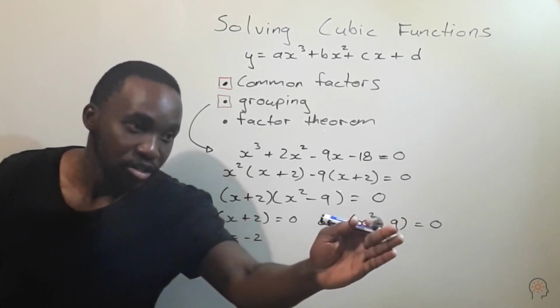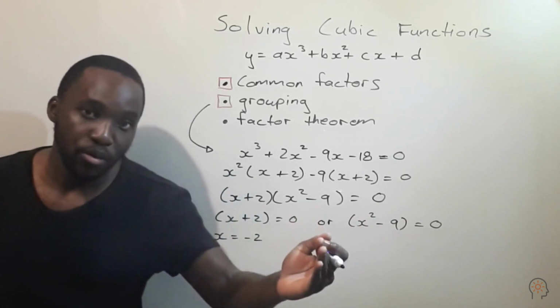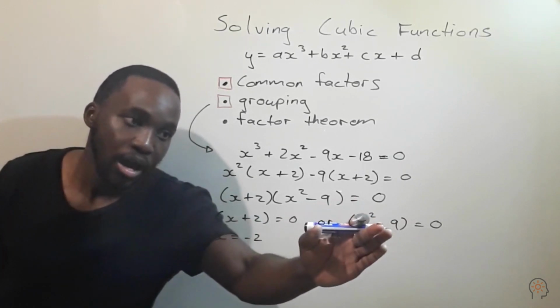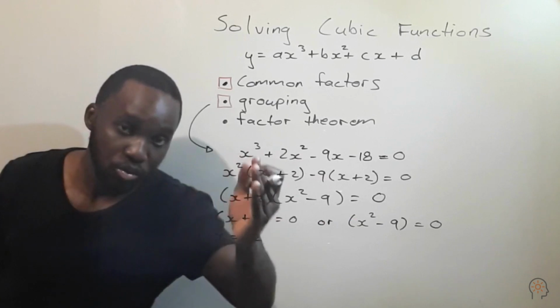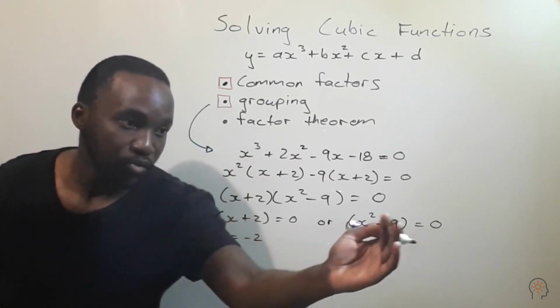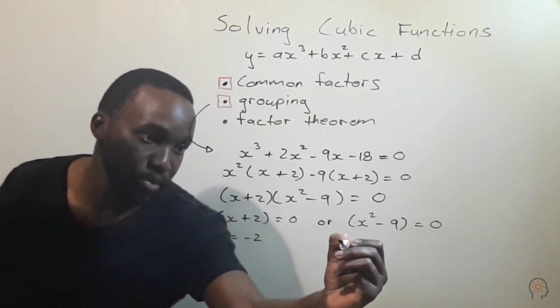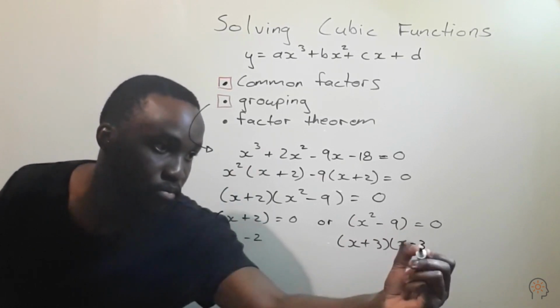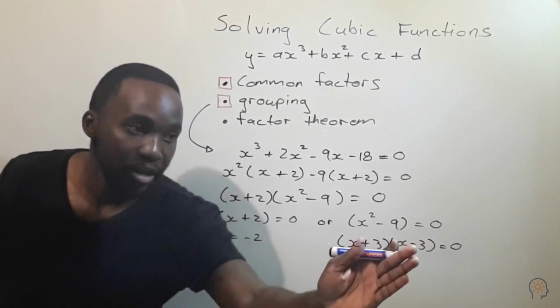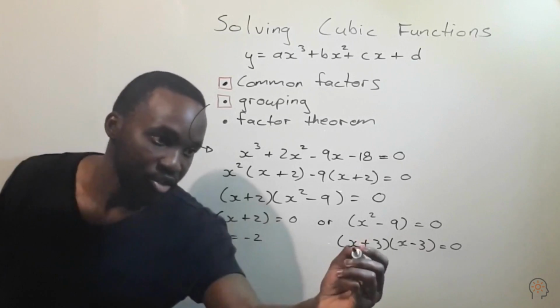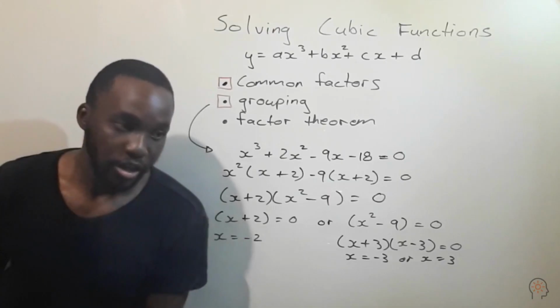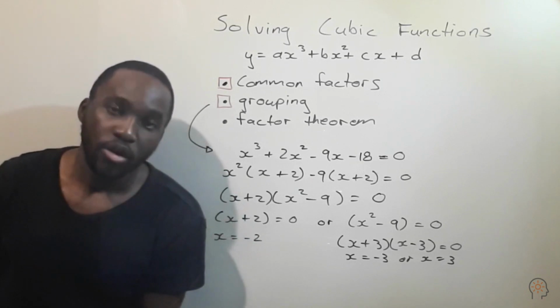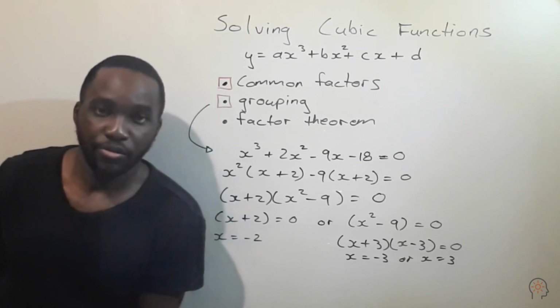We will always be able to spot that if we have a value squared minus another value that's also a square number. So this being the difference of two squares, we can split it up into x plus 3 and x minus 3, which will just give us x is equal to minus 3 or x is equal to positive 3.